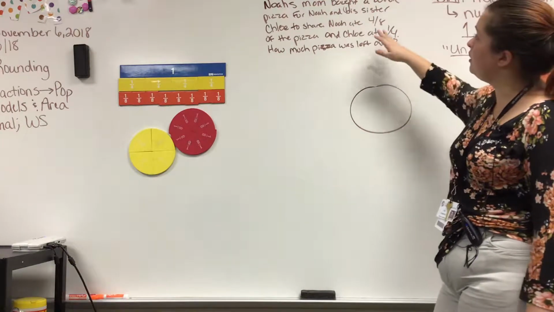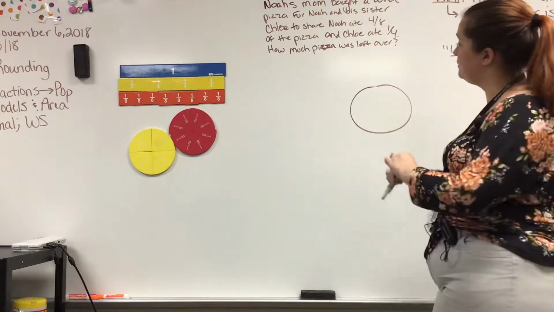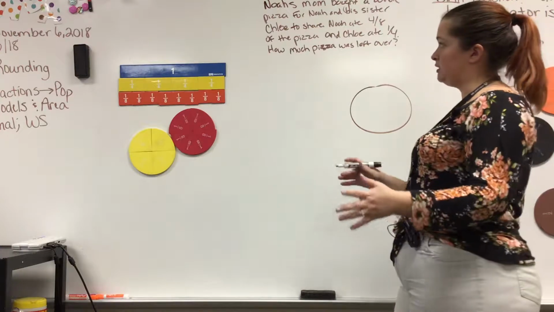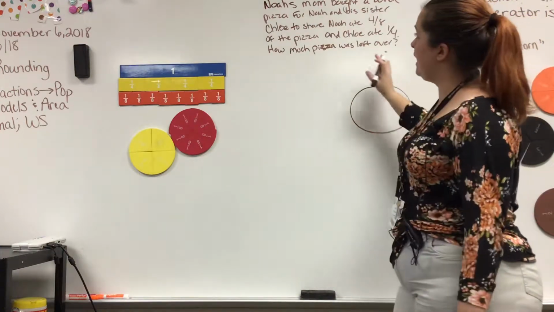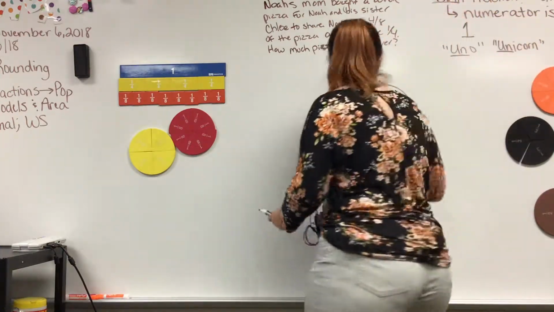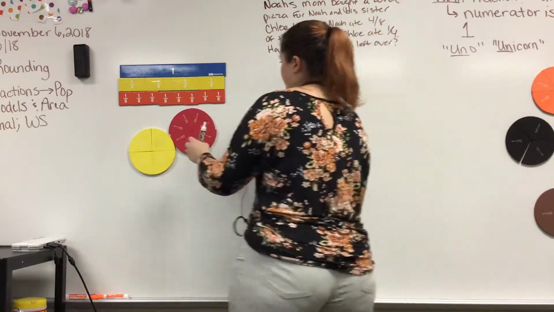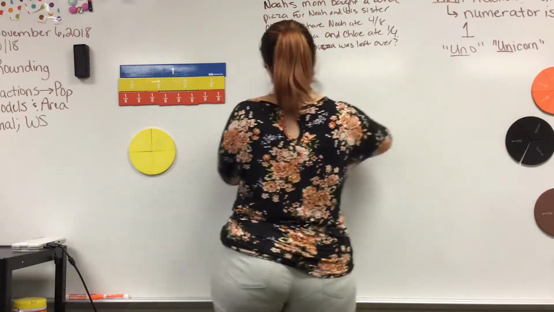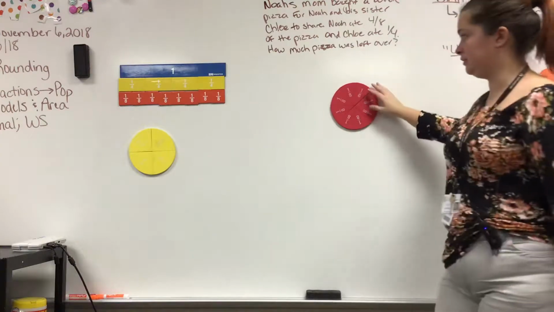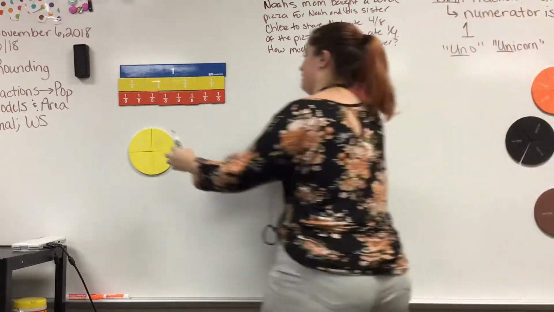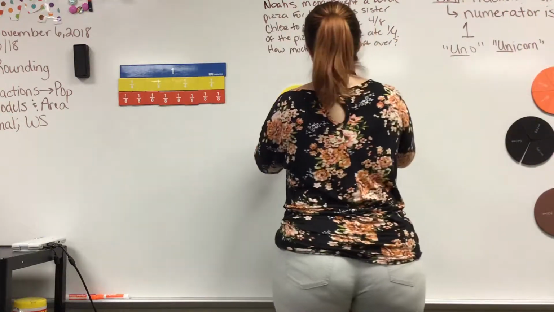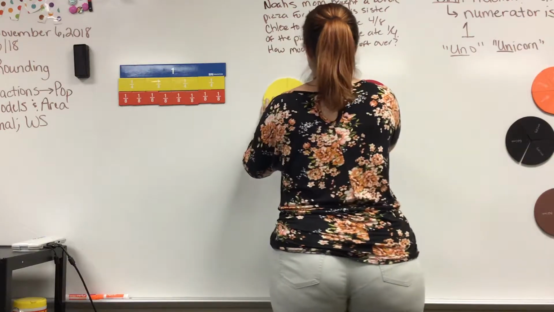Okay, so a whole has to be broken up into equal size parts to be parts of a whole. So Noah ate 4/8 of this pizza. Here we have an area model for eighths, and we have one for fourths.